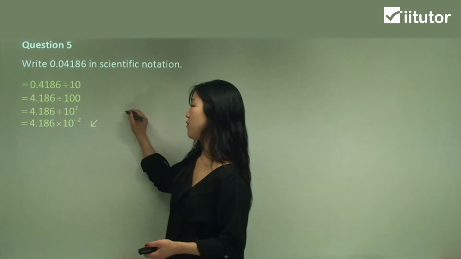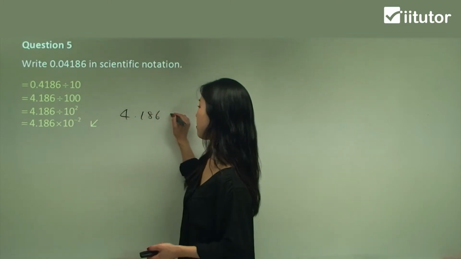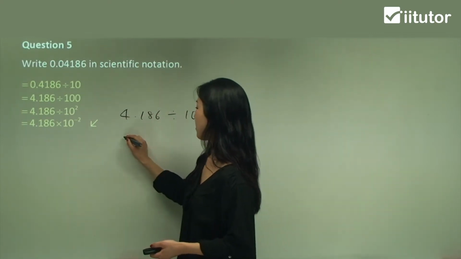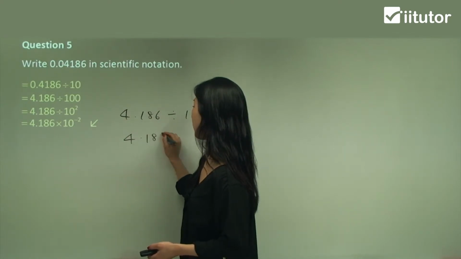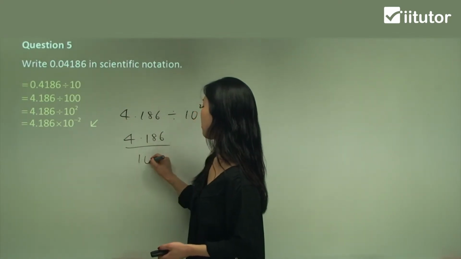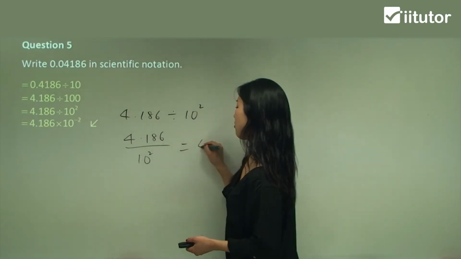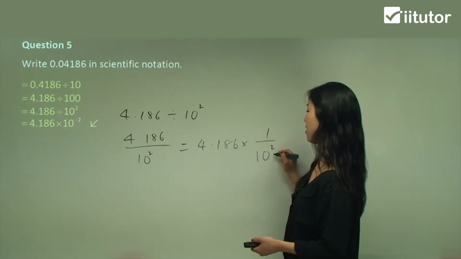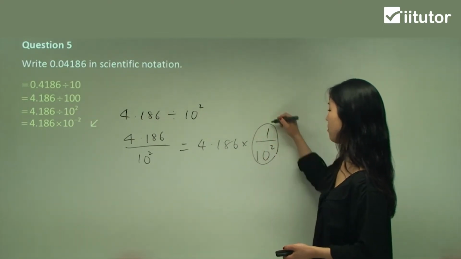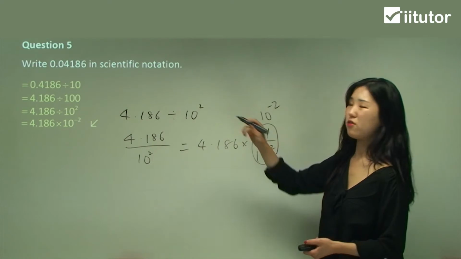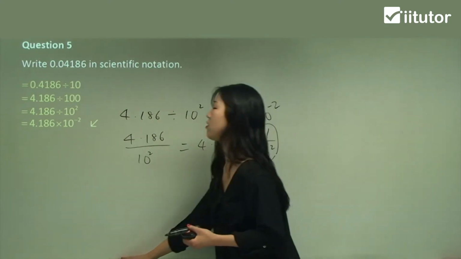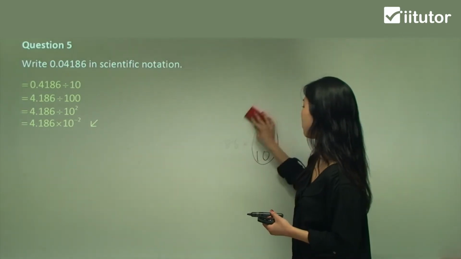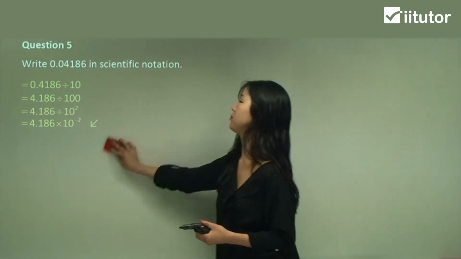Because 4.186 divided by 10 squared would be the same as 4.186 over 10 squared, isn't it? Which is essentially 4.186 times 1 over 10 squared, right? Now this one, if I change it to index form, will become 10 to the power of negative 2. So that's why I write it like that. But you should just know, if we change the division sign to multiplication, you switch the signs of the powers around.